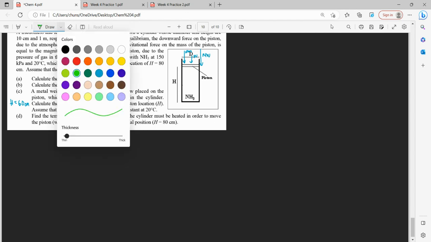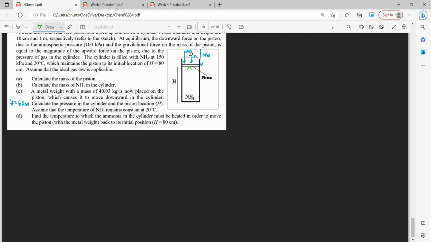And we want to find what our new height is once the system establishes equilibrium again, right? So it just wants to ask how our height is changing. Since there's more downward force, our height's going to compress, become smaller. So it just wants to know what the height of our piston is if we add that new weight on top.